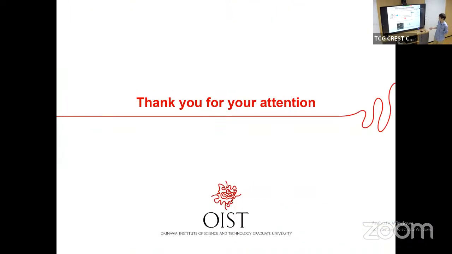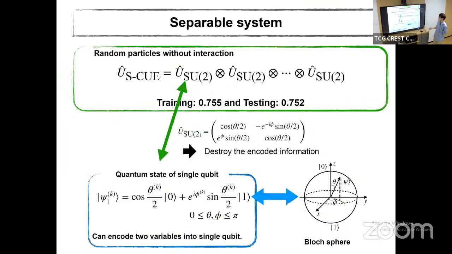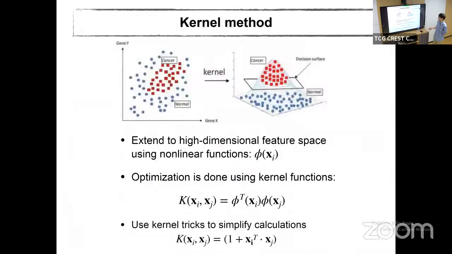As I said, it's similar to the quantum kernel method. We use the quantum part as a kernel to map the input space to a high dimensional space. That's the relationship between the other machine learning models and our model.